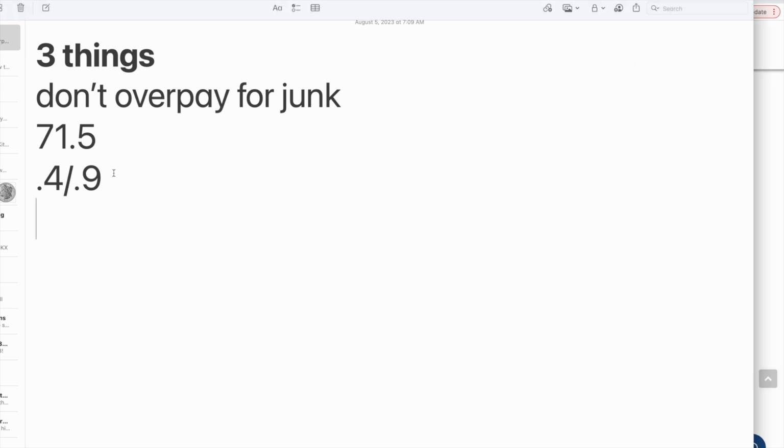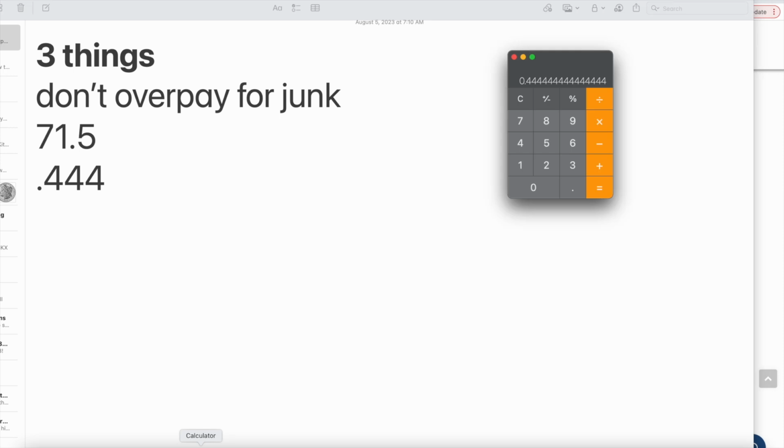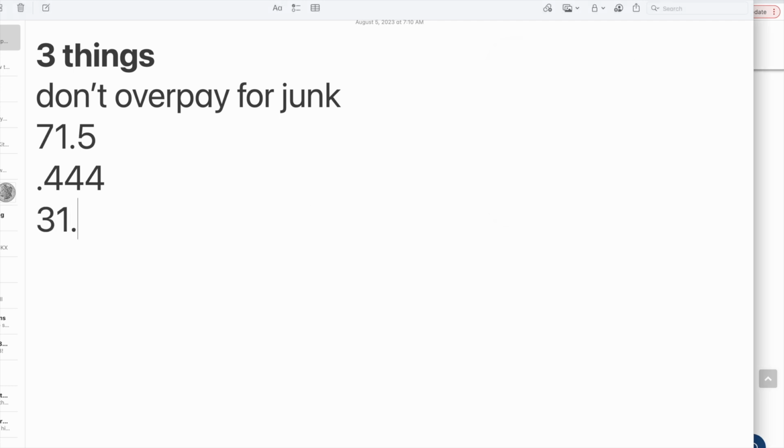So 71.5 times 0.444, this will be a familiar number, is 31.75. It's actually 0.3175, the silver content in every dollar of 40%.